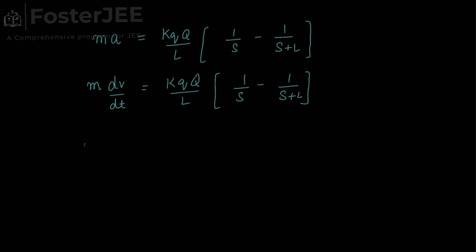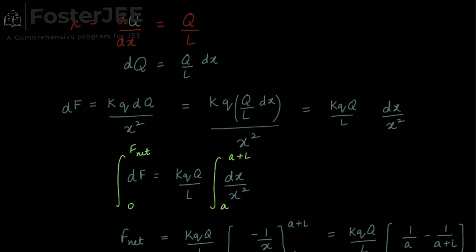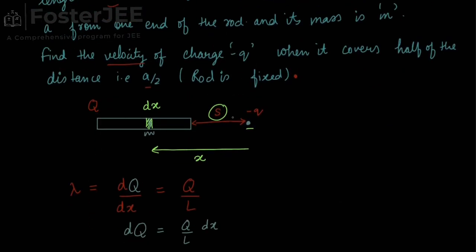Now we know that if the distance between them is s, the rate of change of distance will be the velocity of this charge, because velocity of this particle means the rate at which this distance is being decreased.